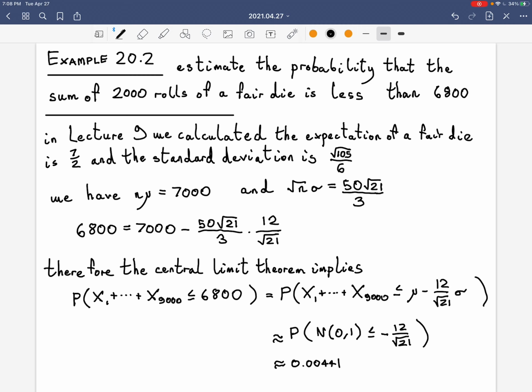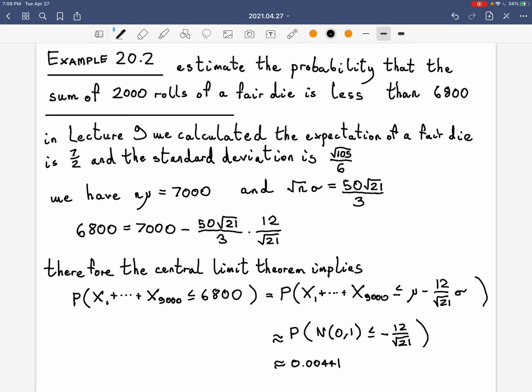So we can do our adjustment where we rewrite the bound that's being inquired about in terms of the previously calculated mean and standard deviation, and we get that the necessary compensating factor to give us 6,800 as a deviation from 7,000 in units of 50 root 21 over 3 is 12 over root 21.